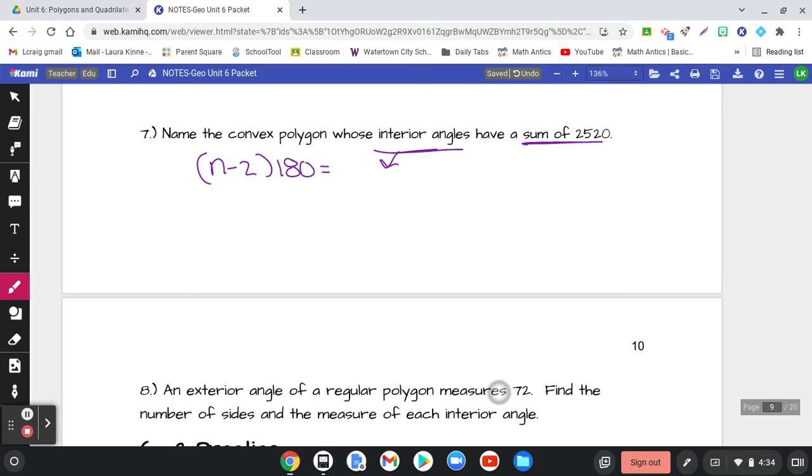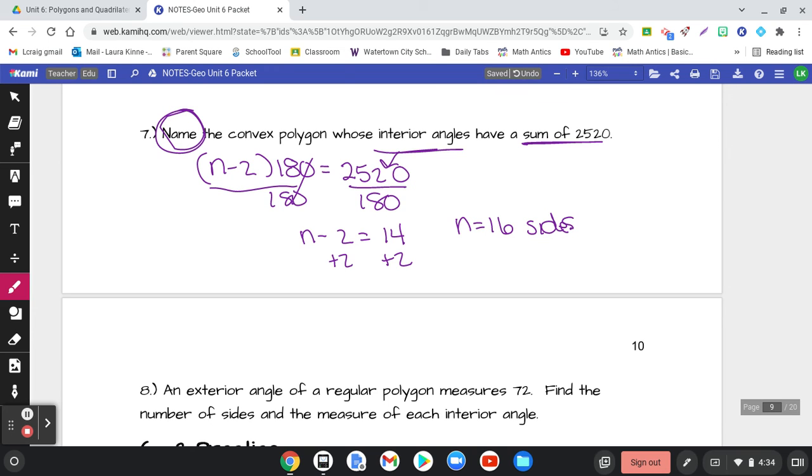Instead of knowing the sides, I know that they total this. Usually the last thing we do is multiply by 180. Well, let's divide by 180 and get rid of it. So now we have n minus 2 equals 14. And then instead of subtracting 2, we're adding 2. 16 sides.